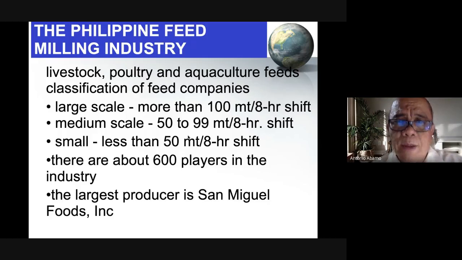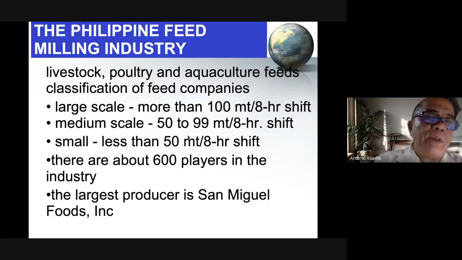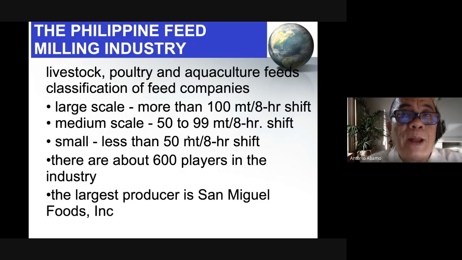Why are they called major players or giants in the feed milling industry? They control the corn importation. Corn, remember, is about 50 to 60% of the feed ingredients. Major ingredient, corn. And these five major players actually control the importation.